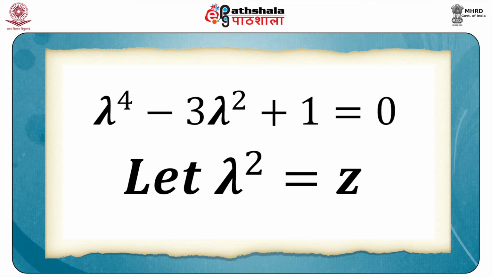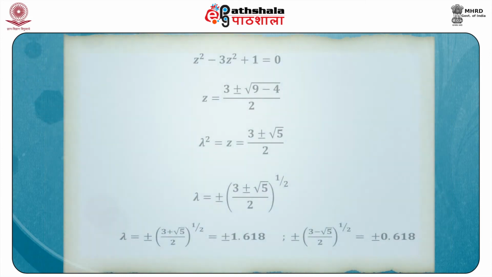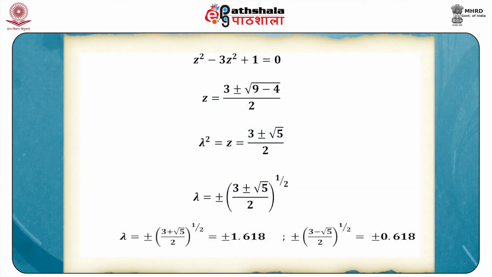In this we put lambda square equal to z, and then it further simplifies to z square minus 3z plus 1 is equal to 0. So this is a quadratic equation, and this can be very easily solved, and ultimately, as you can see here, we get two values of z, and then from there we will get 4 values of lambda.